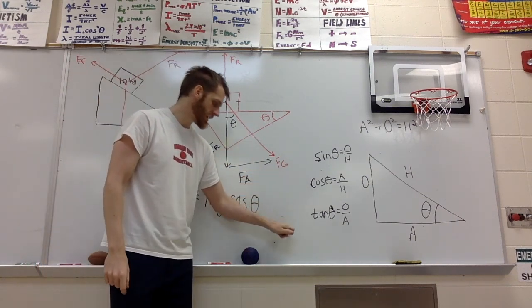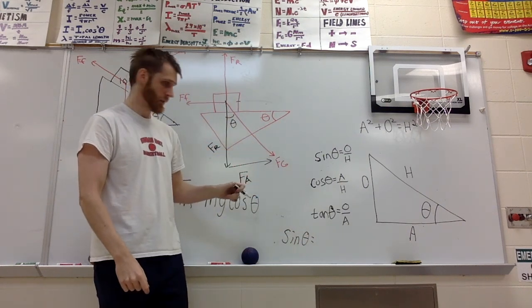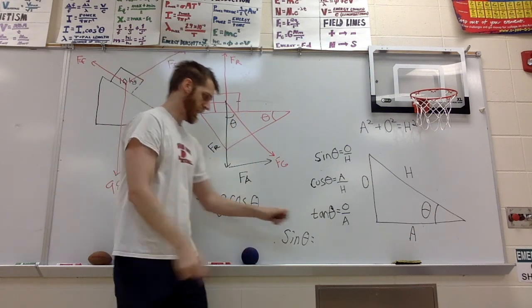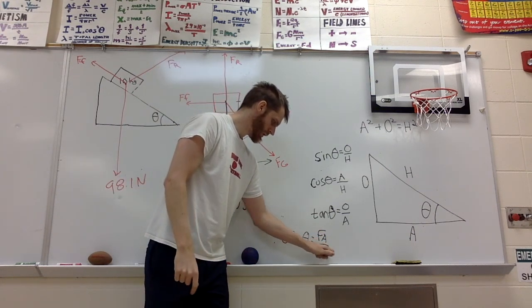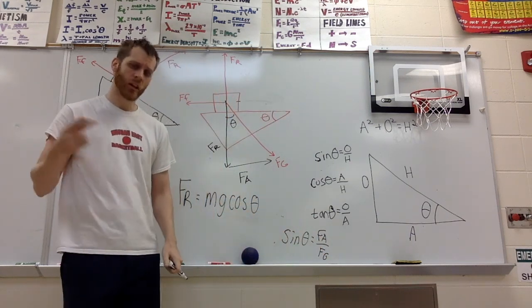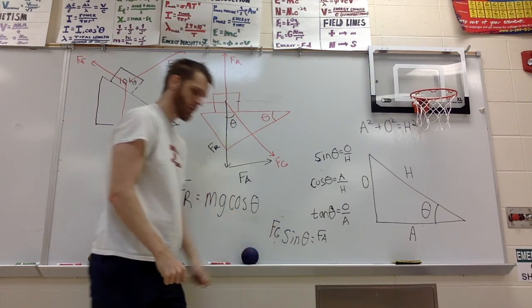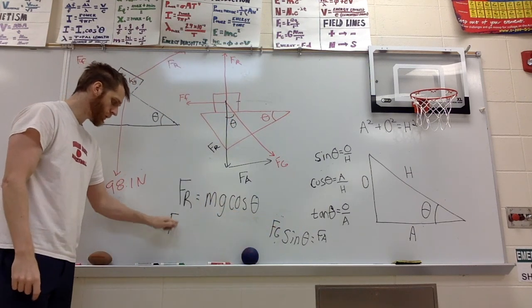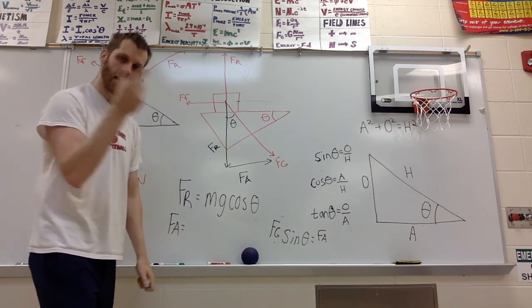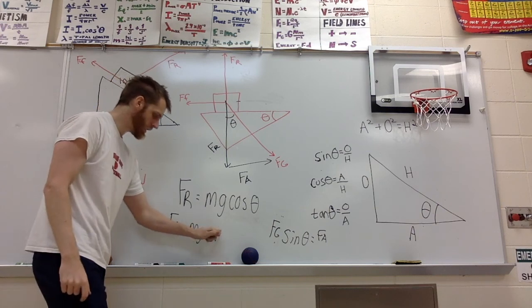So we're going to use sine, because sine of the angle equals opposite over hypotenuse. Opposite is going to be Fa. Hypotenuse is going to be Fg. So multiply both sides by Fg, and then replace Fg with m times g. We get that the applied force, or the force sliding down the ramp, is equal to mg sine of the angle.